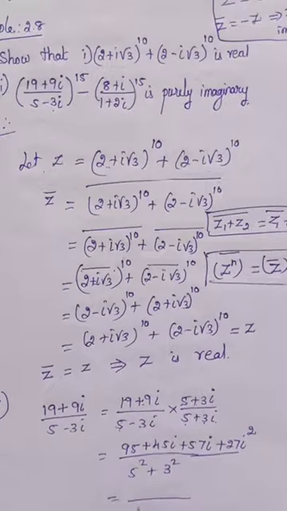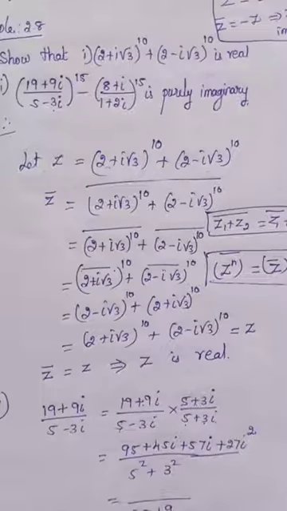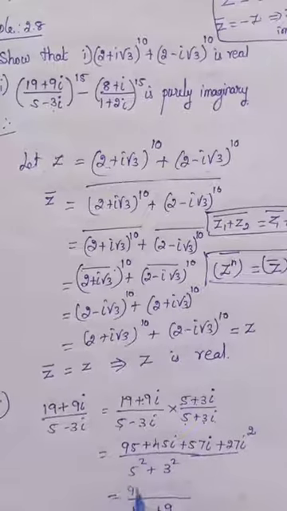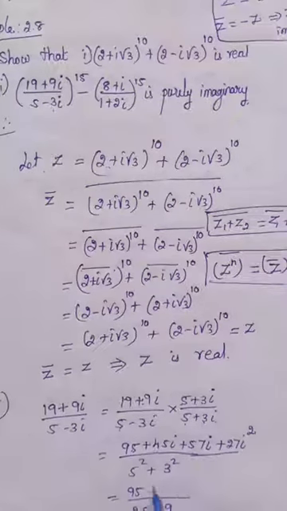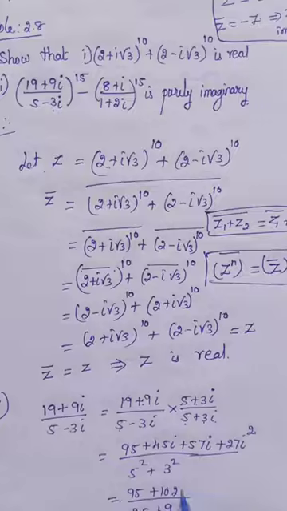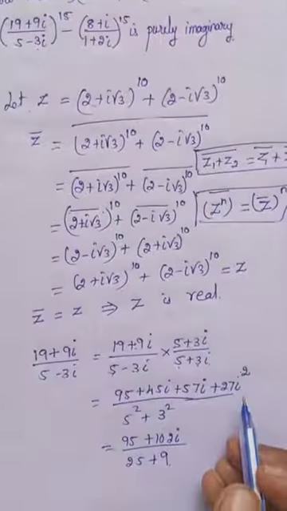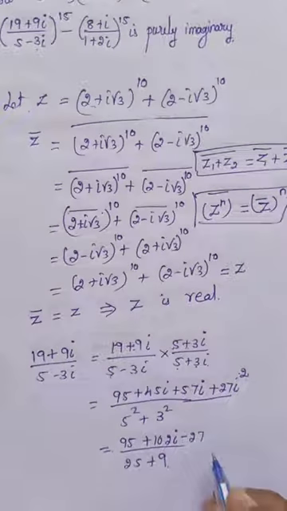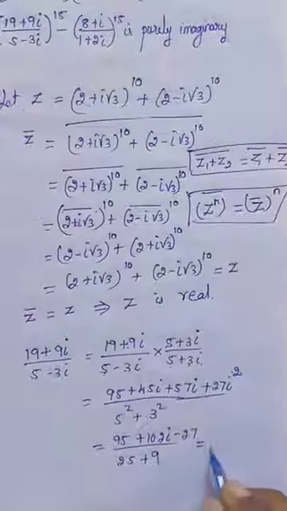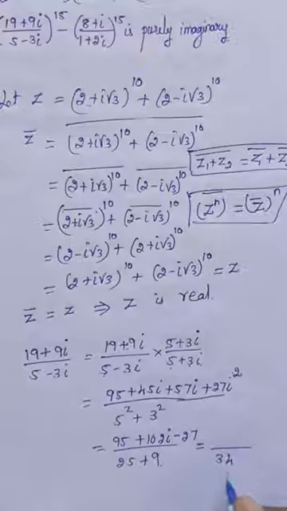The denominator is 25 plus 9. In the numerator, 45i plus 57i is 102i, and we know the value of i square is minus 1, so we get minus 27. The denominator is 25 plus 9, that is 34.